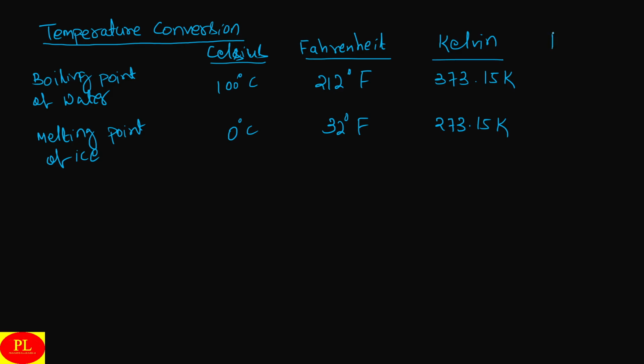And in Reaumur scale, the melting point of ice is 0 degrees Reaumur and the boiling point of water is 80 degrees Reaumur. So to convert temperature from one scale to another, we will use a formula.